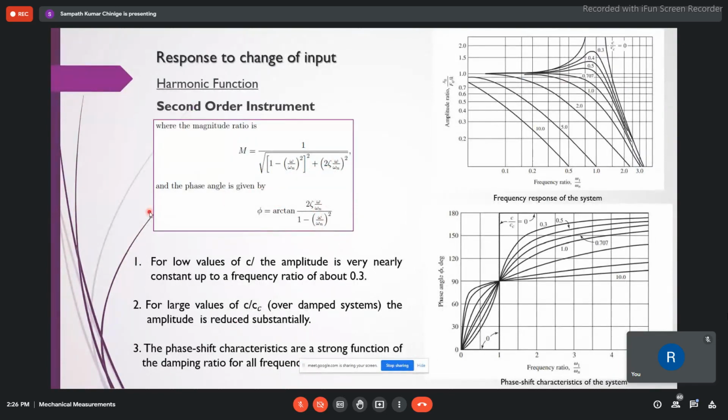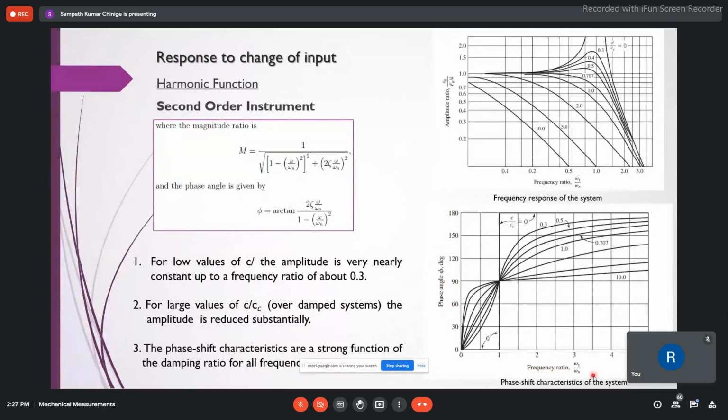So using these equations, they have tried to write down a relation between the amplitude ratio, which is x naught by f naught by k, and the frequency ratio, which is omega by natural frequency. And similarly, they have also drawn another graph which shows the phase angle variation with respect to frequency ratio.